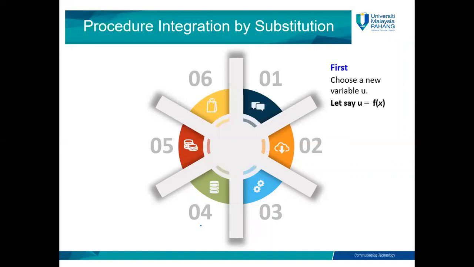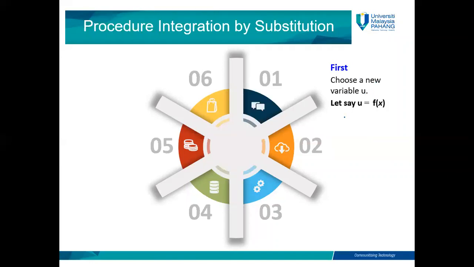So the first one is we choose a new variable which is u. Generally we use u. If we have more than one variable, then we use v.